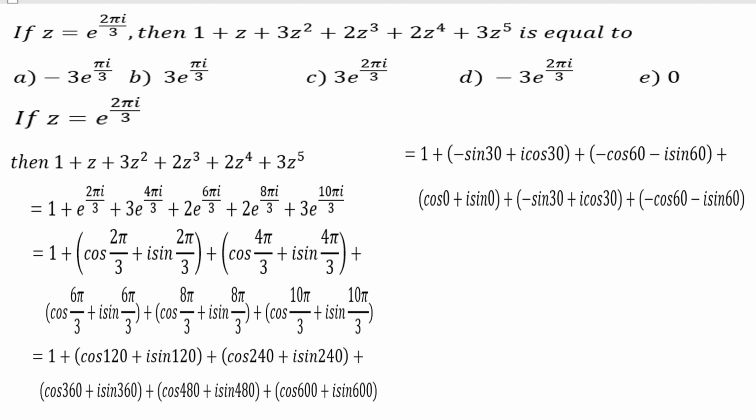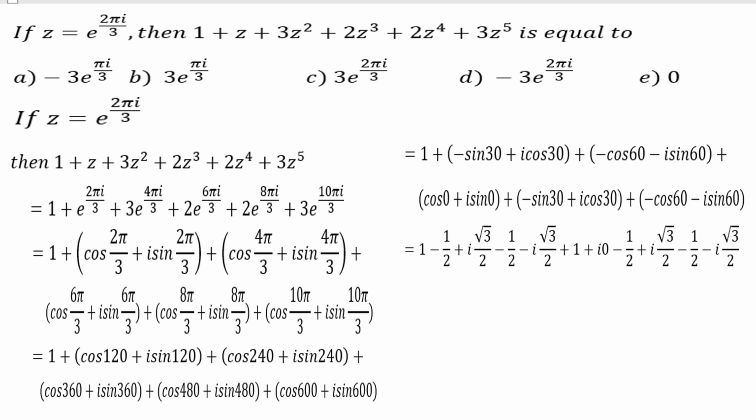Now minus sin 30 equal to minus 1 by 2, cos 30 equal to root 3 by 2. Like that, we get 1 minus 1 by 2 plus i root 3 by 2 minus 1 by 2 minus i root 3 by 2 plus 1 plus i into 0 minus 1 by 2 plus i into root 3 by 2 minus 1 by 2 minus i into root 3 by 2 equal to 2 minus 1 minus 1 equal to 0. The correct choice is choice E.